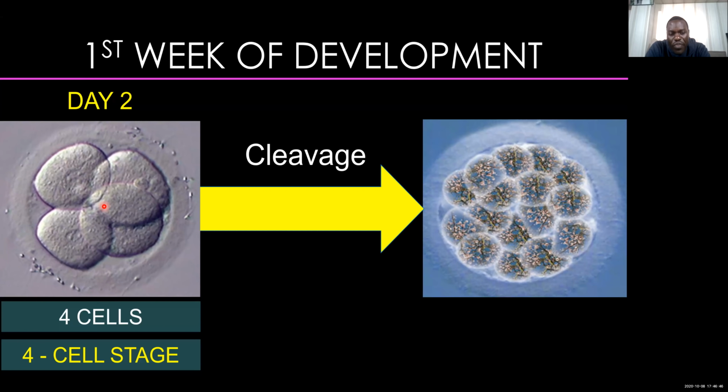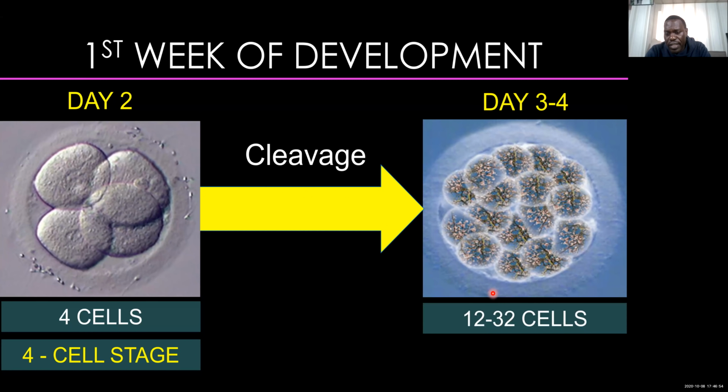With that in mind, therefore, there comes a time where you have a mass of cells that contains between 12 to 32 cells. That period where you have a structure that contains between 12 to 32 cells is noted on the 3rd and the 4th day of development.